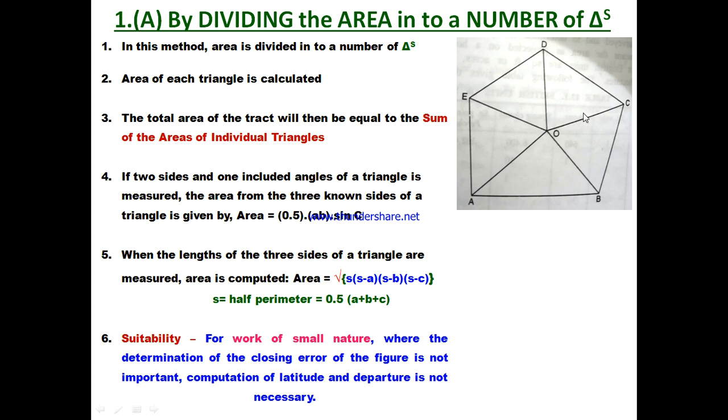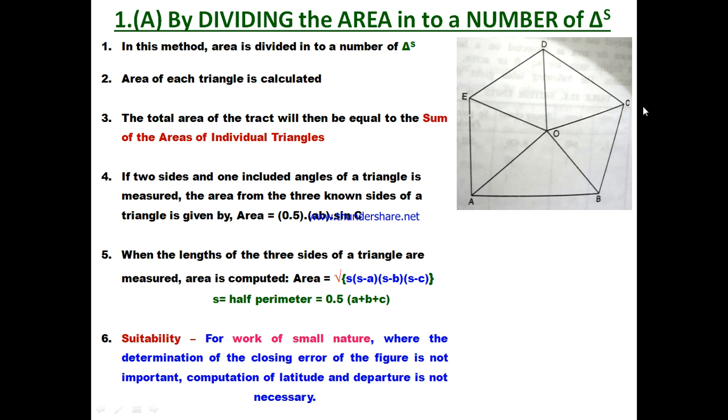If two sides and one included angle of a triangle are measured, for example I have measured this side and this side and I know the included angle between them, I can easily calculate the area by the formula 1 by 2 AB sin C. This formula is a simple geometrical formula and you must be aware of it.